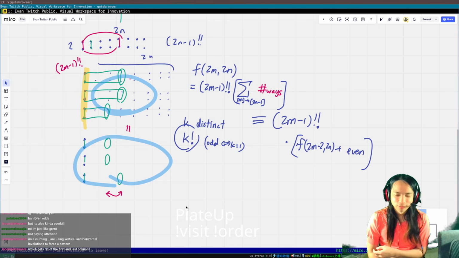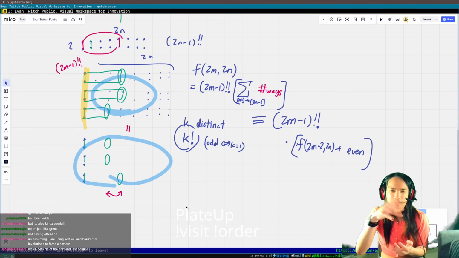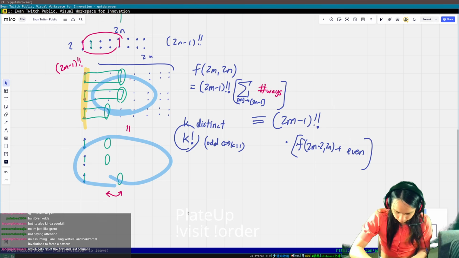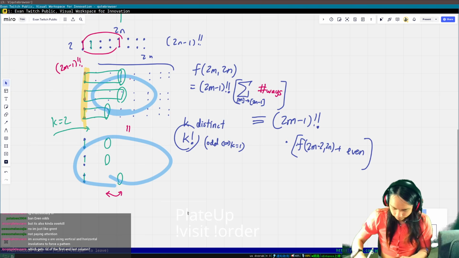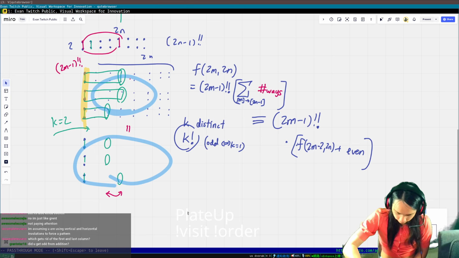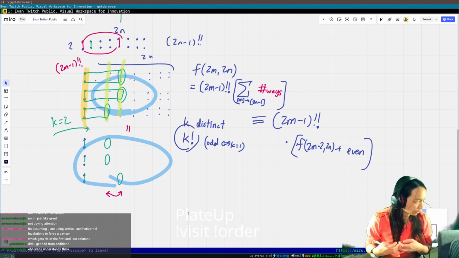Horizontal and vertical involutions? The heck? Well, the idea is that after you fix the left column, I'm doing casework on the number of the remaining 2n minus 1 columns which are the endpoint of some rectangle. This is the example where k equals 2: the configurations for which exactly 2 columns are used come in groups of 2 factorial.